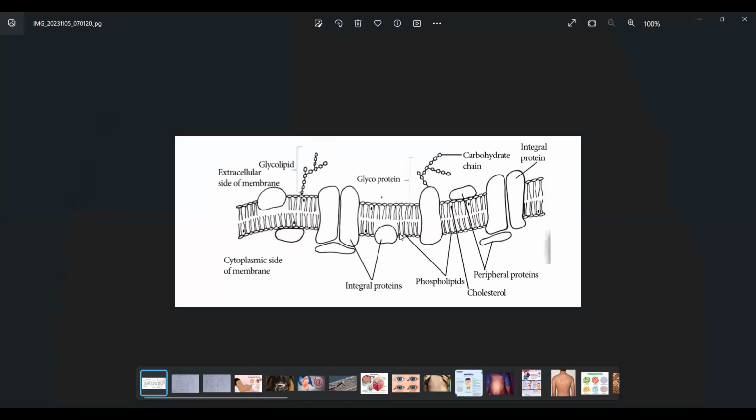Peripheral proteins do not penetrate the bilayer; they are attached from the outside, on the inner side of the cell. So proteins are of two types, integral and peripheral. Integral proteins are again two types: transmembrane proteins and proteins that penetrate only part of the bilayer.